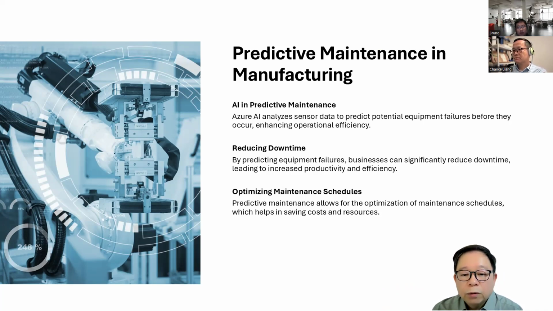We want to know the equipment failure before it actually happens. So in advance, we plan, right? That is important. And AI will be the best person to help you monitor all your machine operations. It will enhance the operation efficiency. And we all want to reduce the downtime, because when there is downtime, the customer is not happy and we lose out on a lot of opportunity.